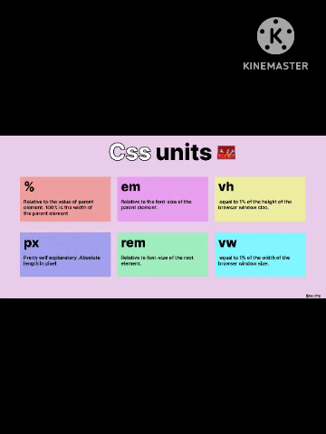It is 50 pixel. It is greater than 48 pixel, so it won't take it. If I write 4 VW, it is 40 pixel, which is in the range of 24 pixel to 48 pixel, so it will allow it. If I write 1 VW, it is 10 pixel, which is lesser than 24 pixel, so it won't allow it, and it will assign 24 pixel. Okay, this is clamp.